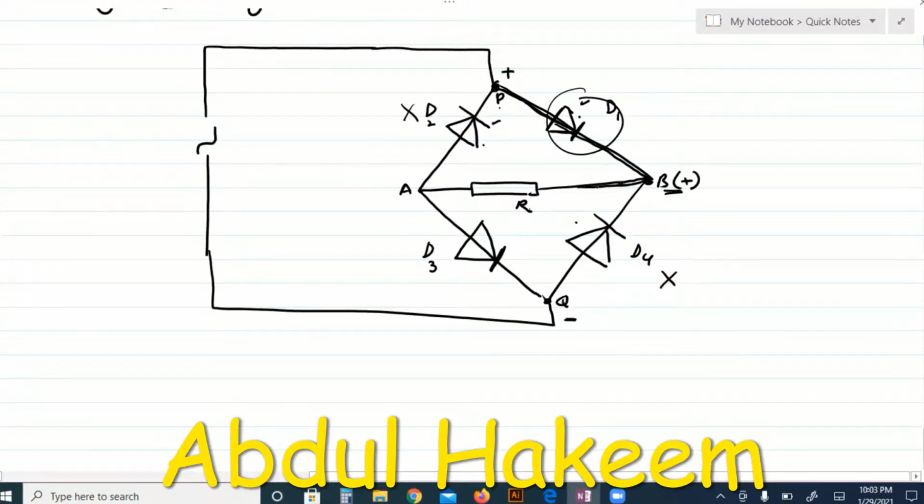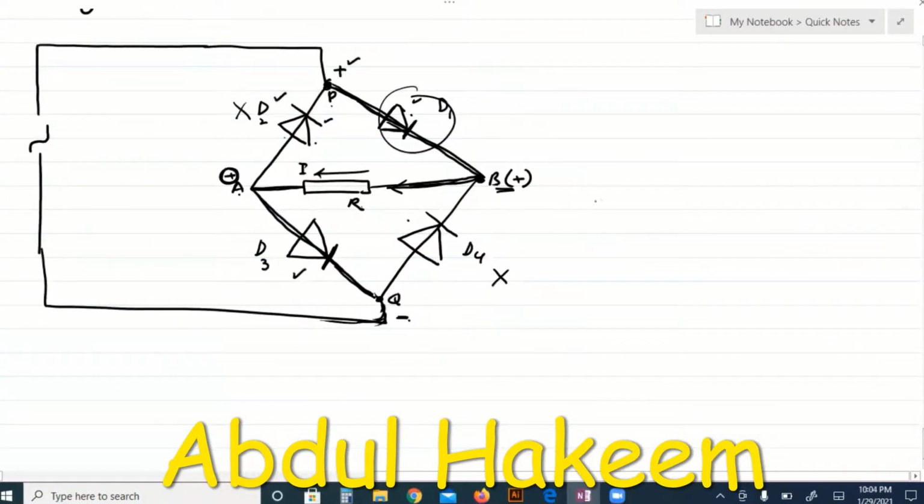So the current flows through the resistor in this direction. When the current reaches here, this A becomes positive. Now for positive A, both diodes D2 and D3 are forward biased, but the current will flow towards the low potential. This is positive and this is negative. So this is the direction of the current after the A.